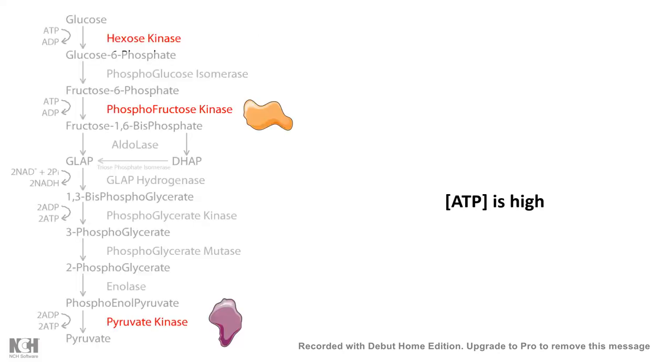So, let us assume a situation where ATP is high. In this situation, we don't need any more glycolytic flux. We need the flux to be deviated towards other pathways such as pentose phosphate pathway or glycogenesis. So we want to stop the reaction. How would we do that? The body does it by modulating pyruvate kinase and phosphofructokinase activity.